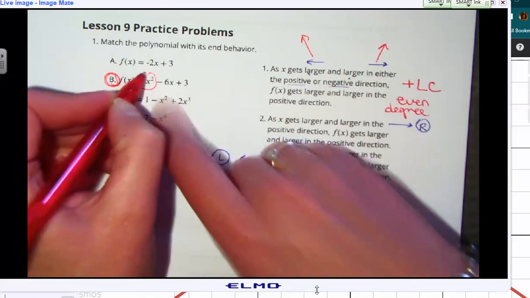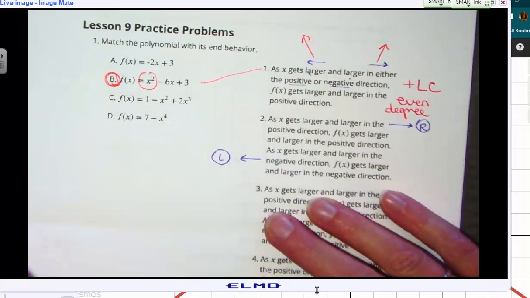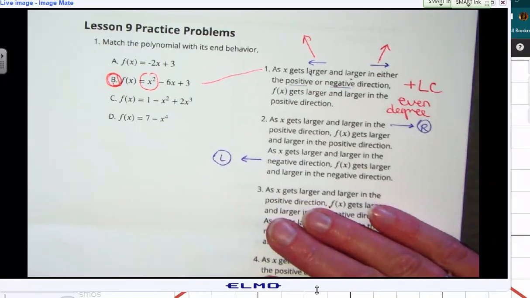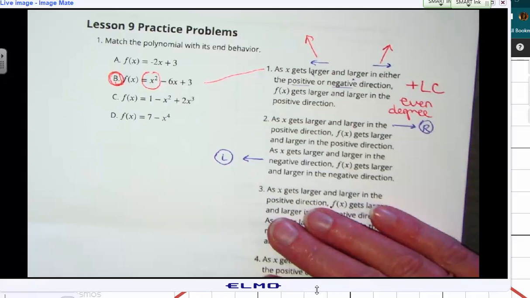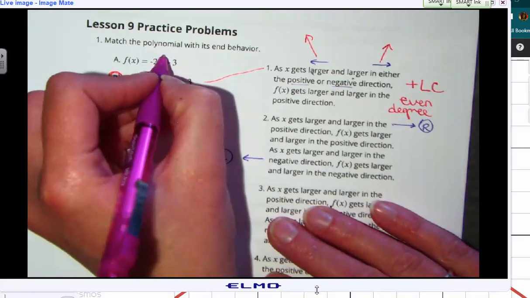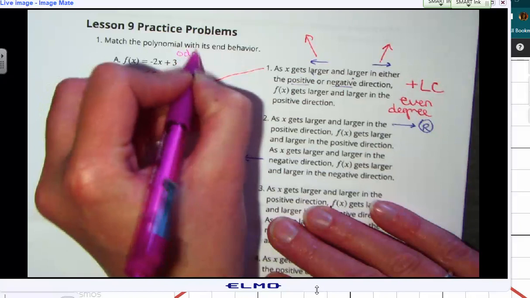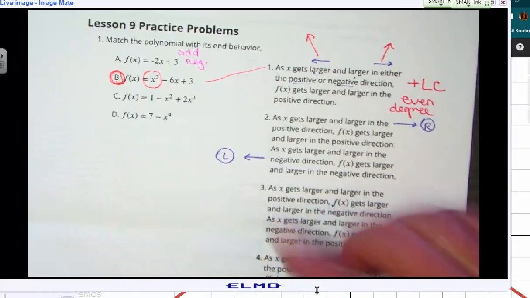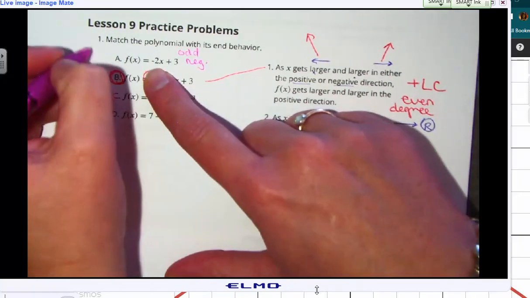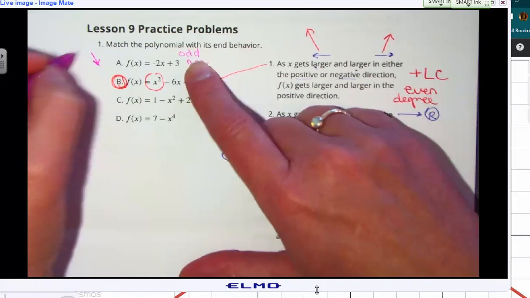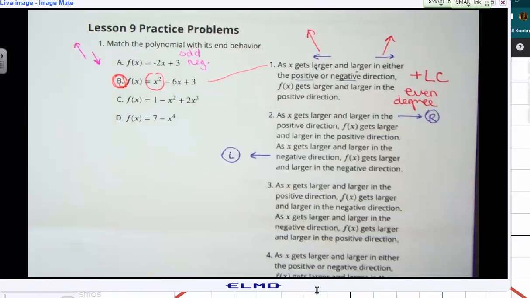Even degree, positive leading coefficient. Part A has an odd degree and a negative leading coefficient. Negative leading coefficient is down on the right-hand side. Odd degree is opposite on the left.